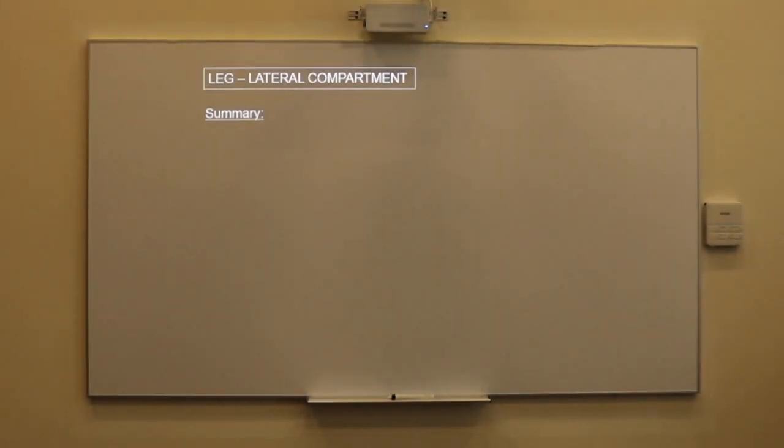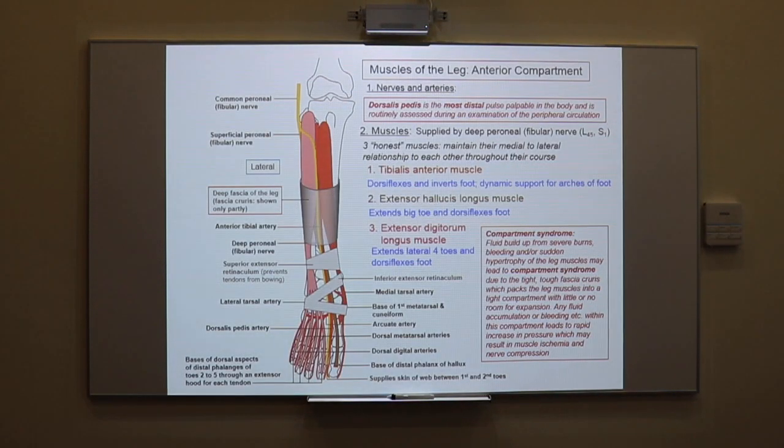So we have talked about compartment syndrome. Any fluid buildup because of severe burn or bleeding or sudden hypertrophy of the leg muscles may lead to compartment syndrome in the anterior compartment because there is no space there.